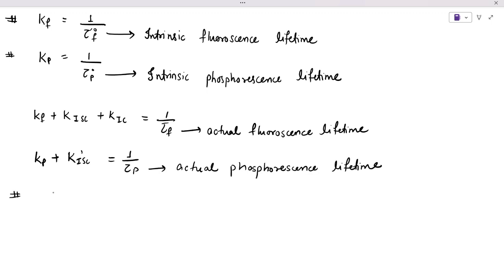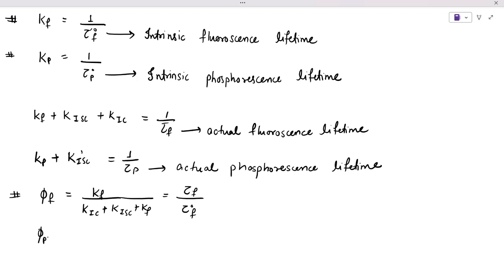We can also relate the quantum yields for phosphorescence and fluorescence with the lifetimes. So we can write psi f equals kf divided by kIC plus kISC plus kf, that is tau f by tau naught f.